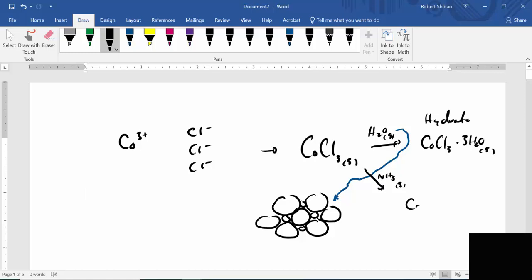So we can form an analogous compound, but with ammonia instead. Let's squeeze 3 ammonias in there, in the same spots. We just squeeze those in there, into the gaps between the ions.